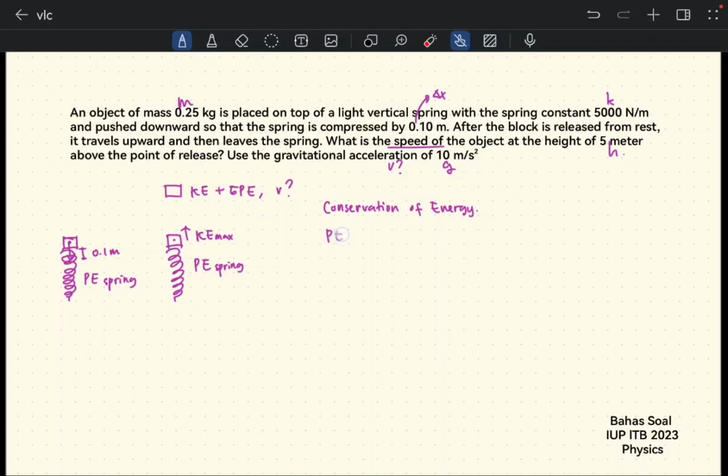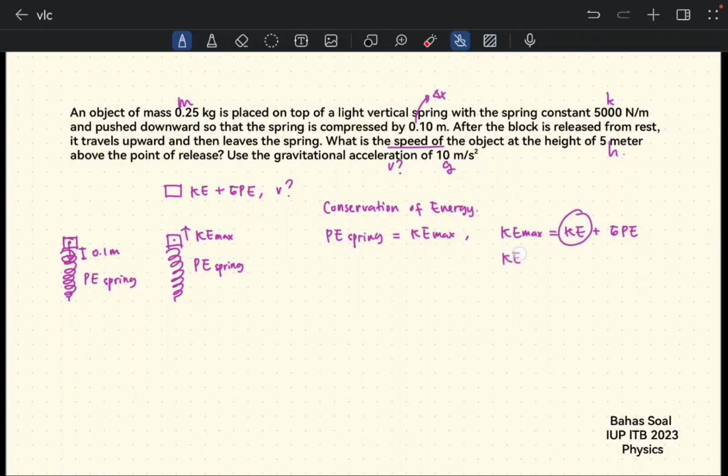First, potential energy of the spring will equal kinetic energy maximum. And then kinetic energy maximum will equal kinetic energy at the 5 meter point plus gravitational potential energy at 5 meters. We can find the final speed from KE.